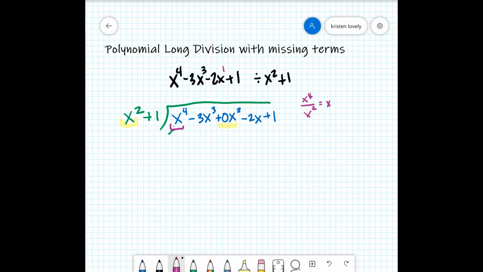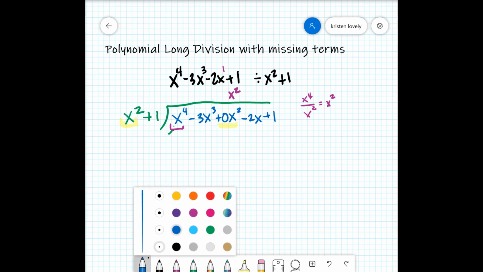So x to the fourth divided by x squared is x squared. Since it's a squared term, I'm going to put that over my squared term right here. Notice if I hadn't put that term there, I wouldn't have anything to put it over. Now I'm going to take that number and do some multiplication.